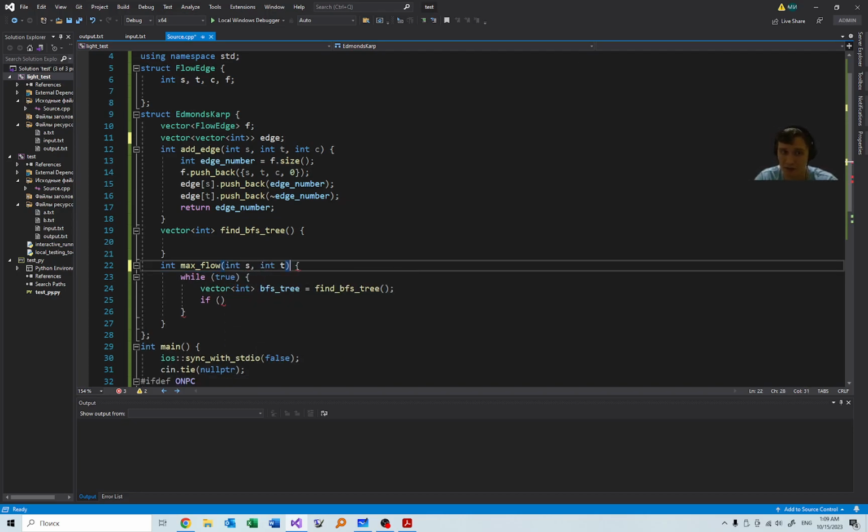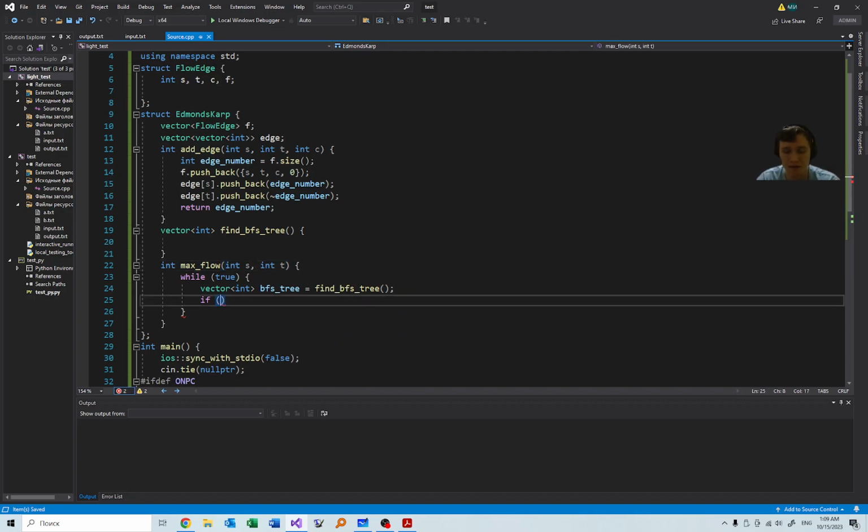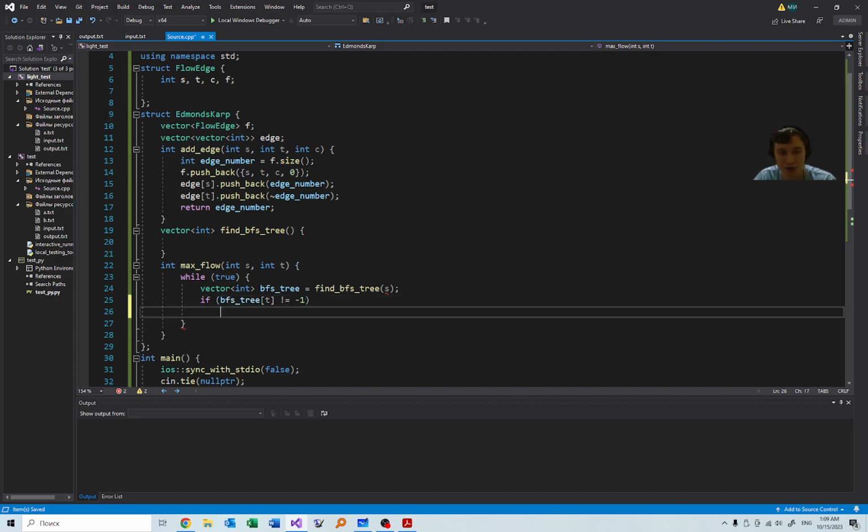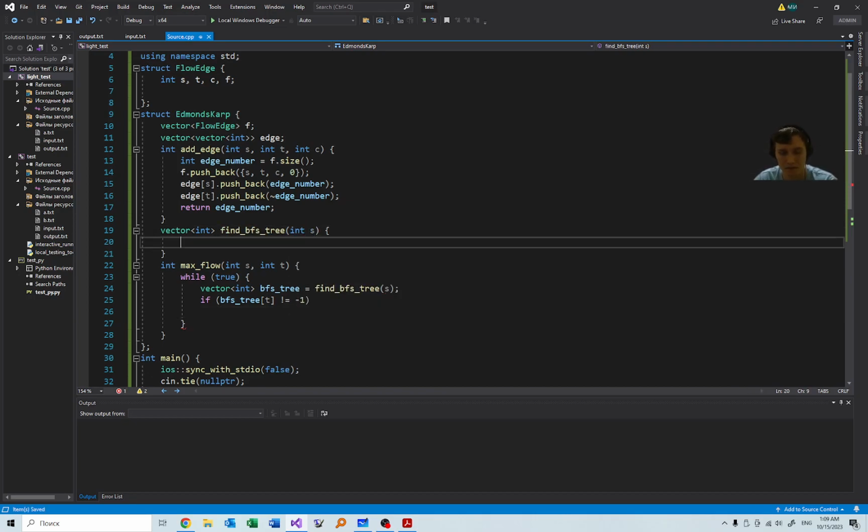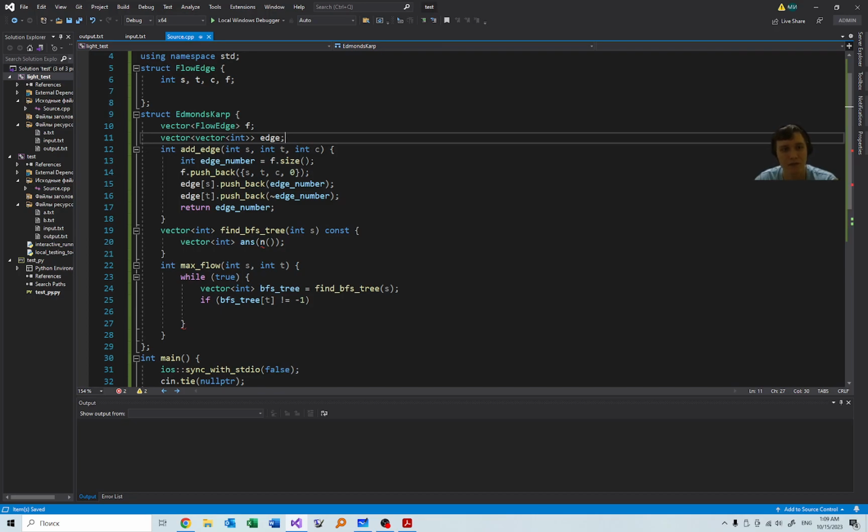Because why not? So if yes here, and if BFS tree T is not -1, then there is a path from S to T. And we go through this path.